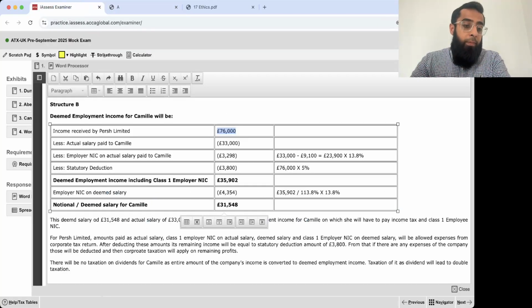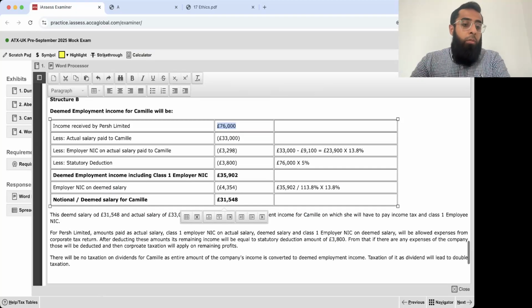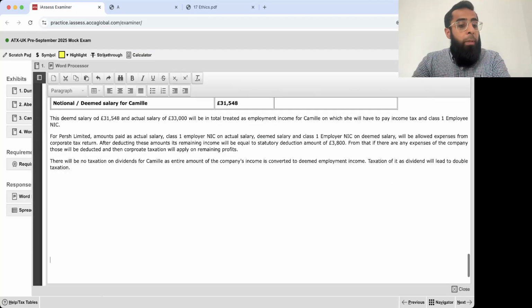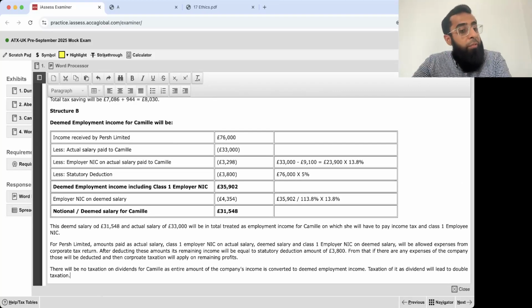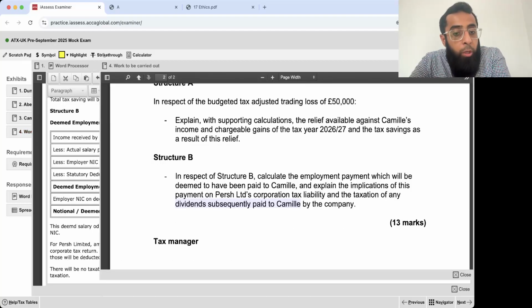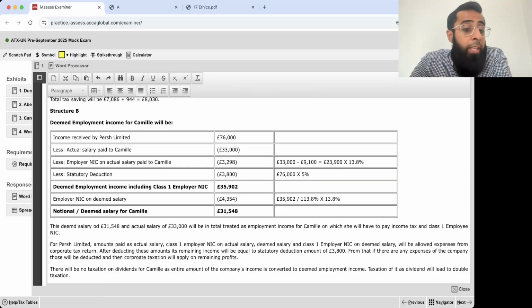Okay, so I believe that if you just remember the personal service company rules, it wasn't a difficult one. First of all, the working of deemed employment income, we did it. Then the impact on tax liability and if any dividend is paid. If there is any dividend, there won't be any tax on it.